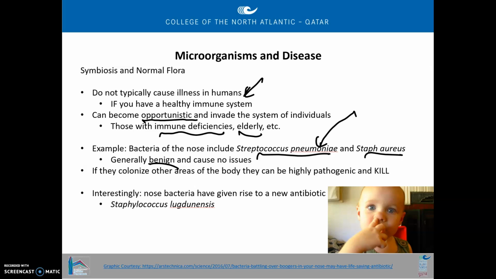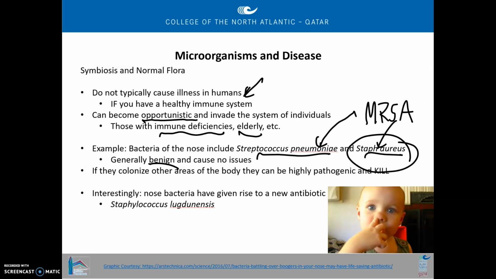It could cause lung infections. Staphylococcus aureus, if it gets into a cut or something on your skin, it can cause a very serious skin infection. And you guys have all heard of MRSA, methicillin-resistant Staphylococcus aureus. Well, of course, that's the Staphylococcus aureus we're talking about.